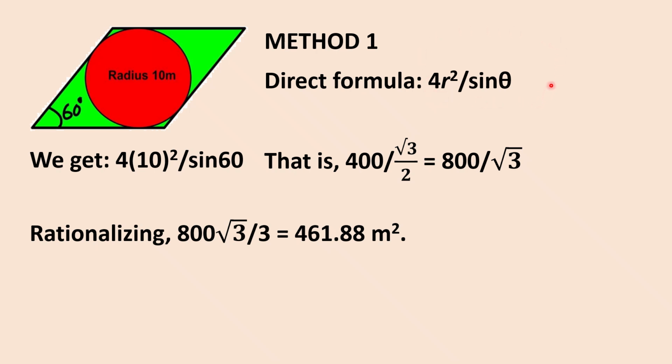So in case you do not know this formula, you must have an alternative strategy. We will do it by methods other than the direct formula, once by geometry and once by trigonometry. And in all the cases, you will get the same answer, 461.88.